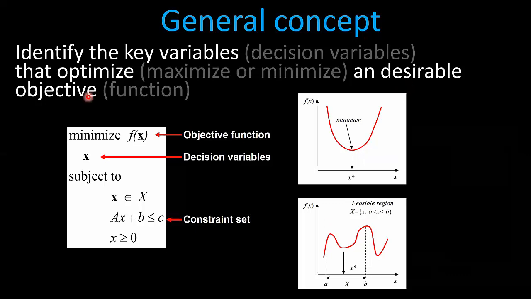This objective, we call it an objective function, an equation. It is the equation that defines our objective. That's why we call it objective function. It could also have been called the objective equation. It's the equation for the objective that we're doing.